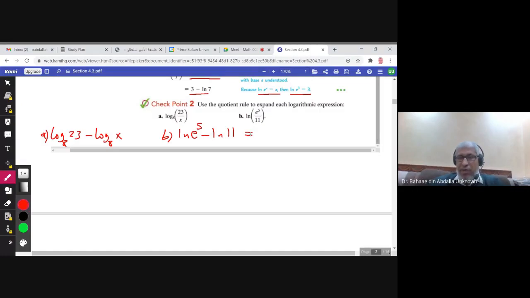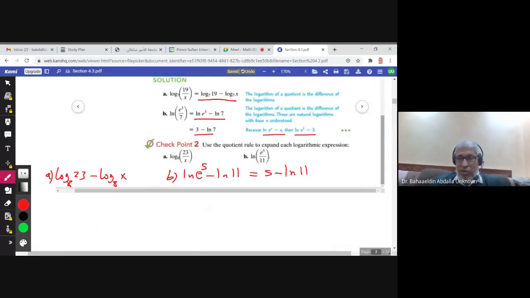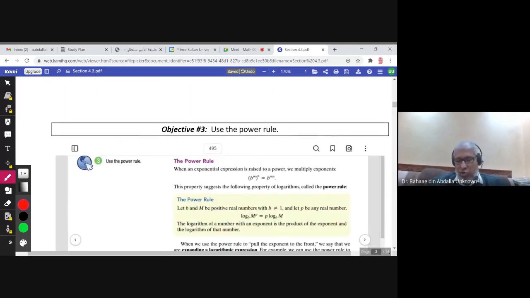And remember, ln e^x is x, so ln e^5 is 5. So the answer would be 5 minus ln 11. This is expansion. Notice the question says use the quotient rule to expand. He may say expand without using the quotient rule.